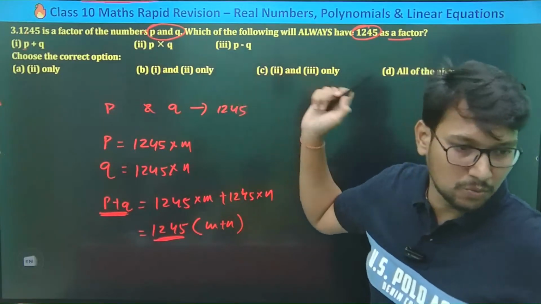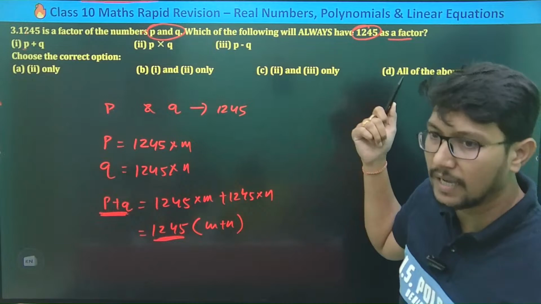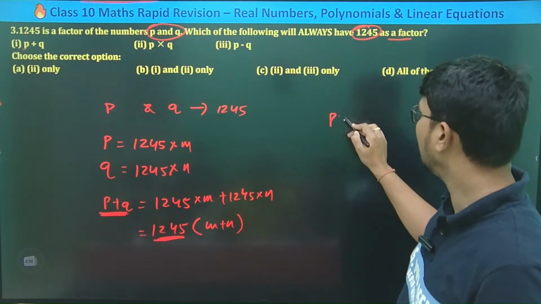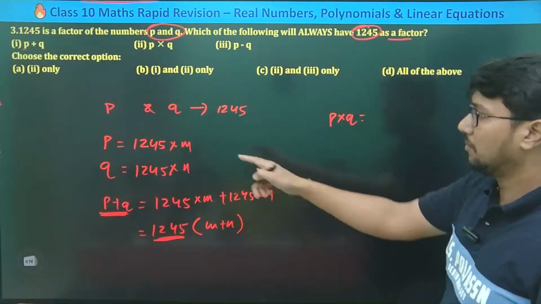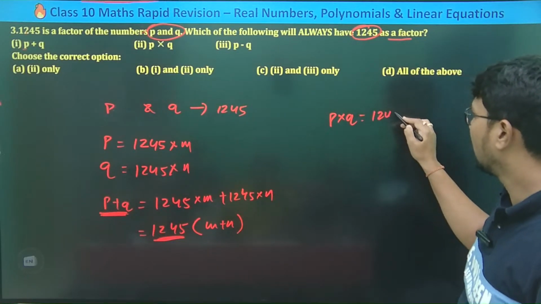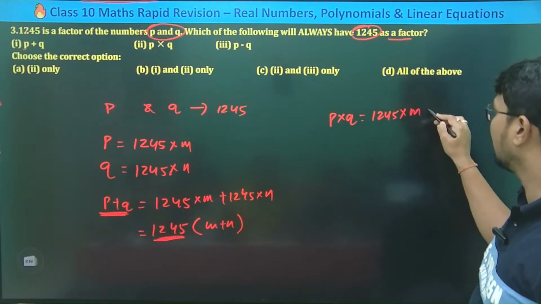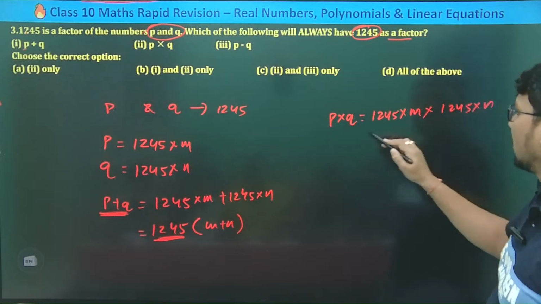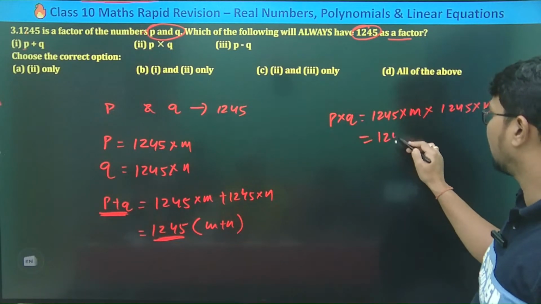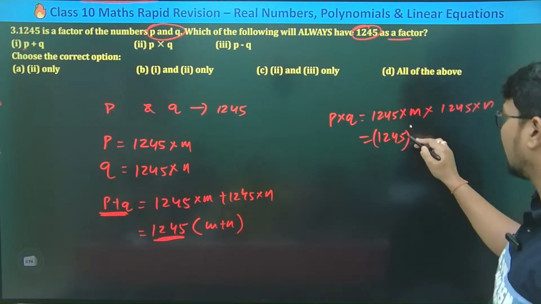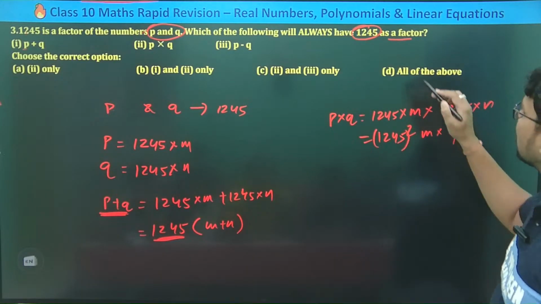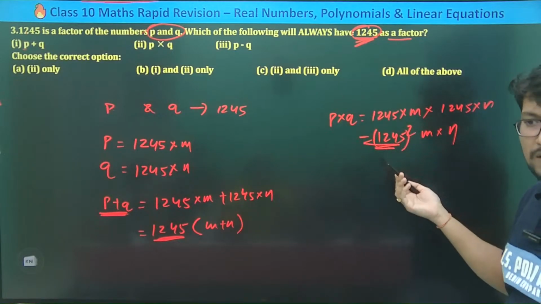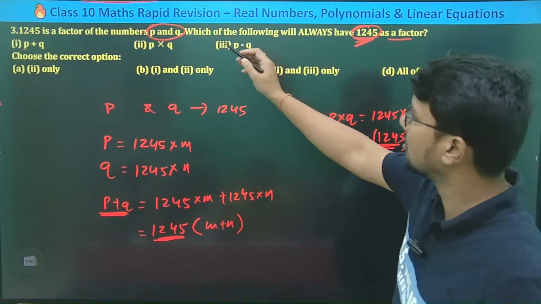P into Q. What is P into Q? P into Q means 1, 2, 4, 5 into M into 1, 2, 4, 5 into N. So P into Q is 1, 2, 4, 5 squared into M into N. Now this is a factor of this or not? It is divisible, right? So this is also true.